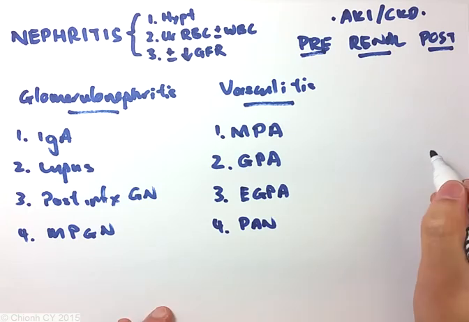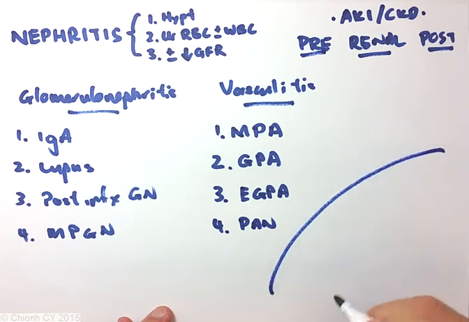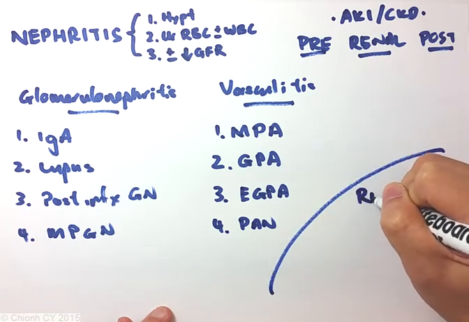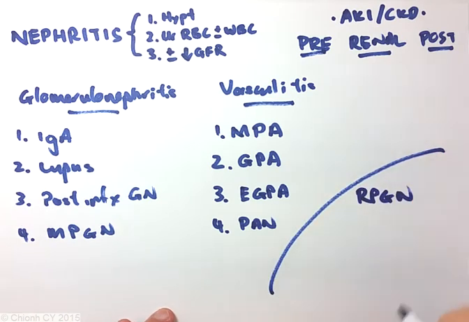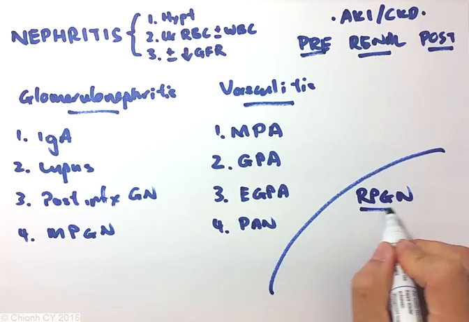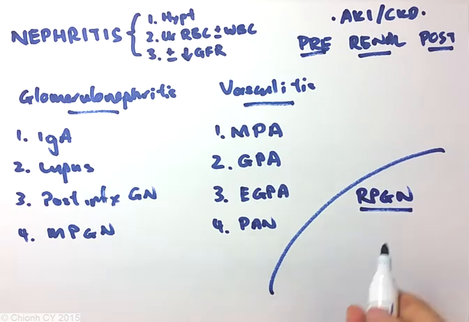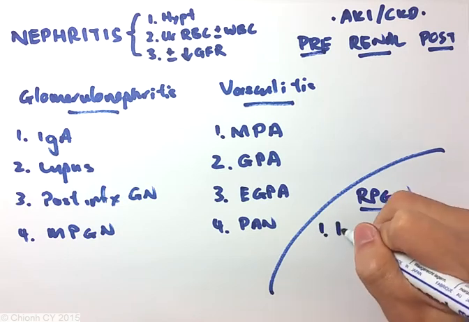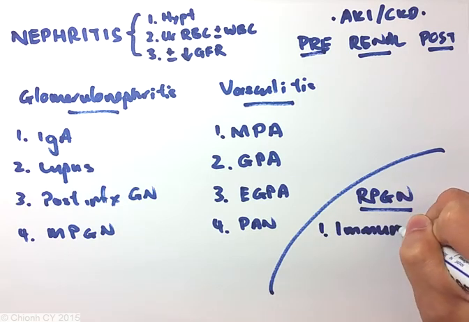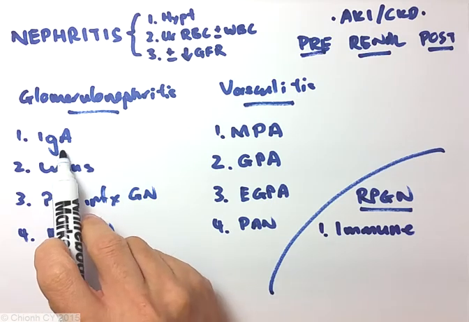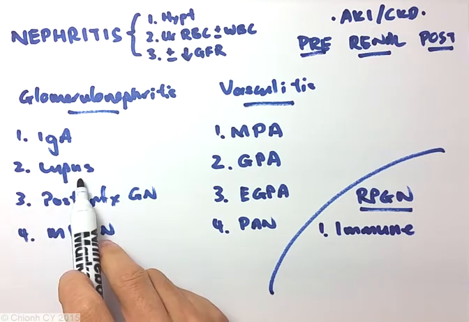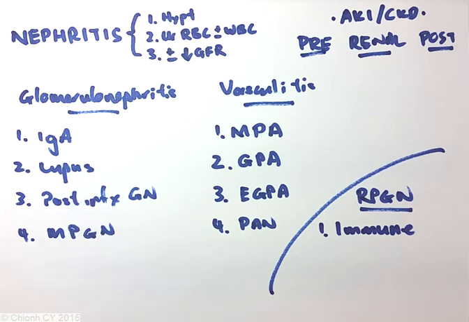There is a subset of a nephritic picture, which is the rapidly progressive glomerulonephritis. If you do a kidney biopsy for such patients, we will see a crescentic glomerulonephritis. There are four main subsets, the first being an immune complex mediated condition, which would include IgA nephropathy or lupus nephritis.